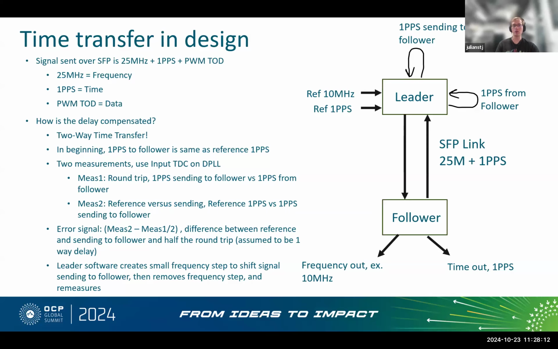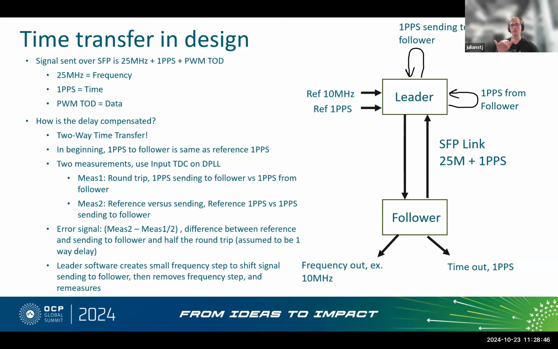So the error signal that I measure in software is the second measurement. So what you're sending versus what you're receiving, or the reference versus what you're sending, minus half of the total round trip. So you basically adjust the 1 PPS that you send from the leader to the follower to be halfway between the total round trip of the reference to the follower. And I did this by slowly frequency incrementing the leader output to the follower to introduce small time shifts over time.